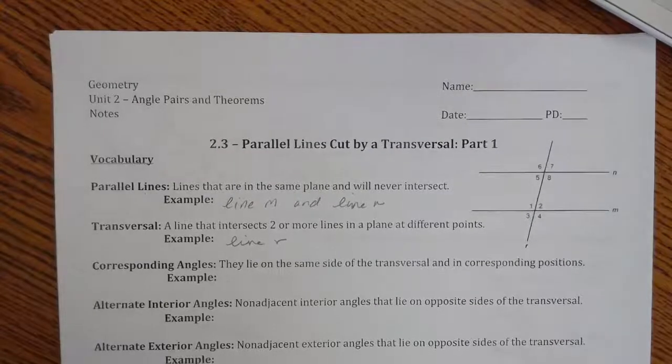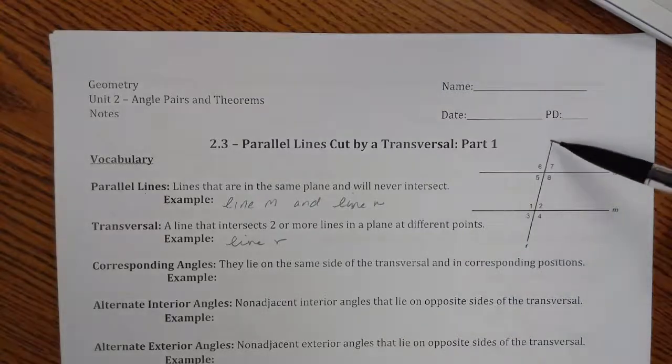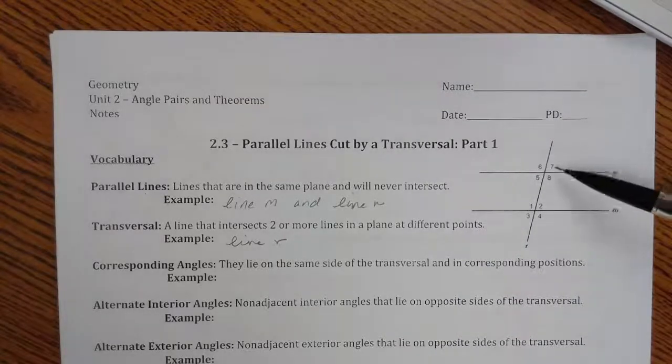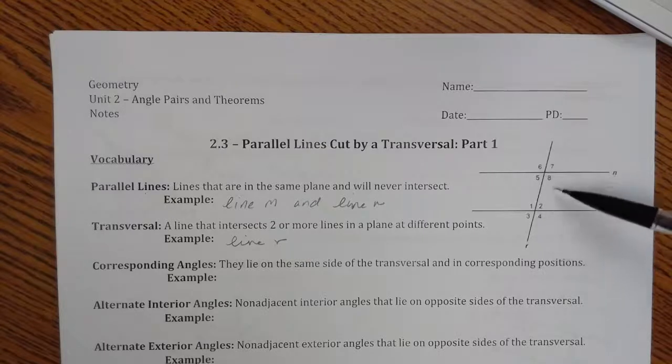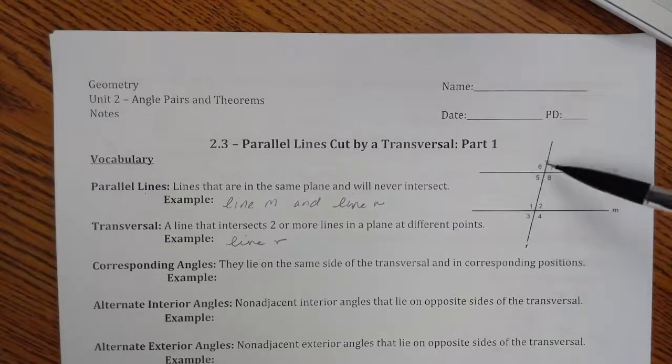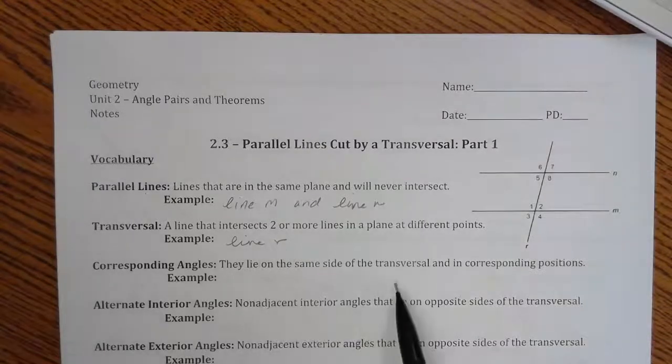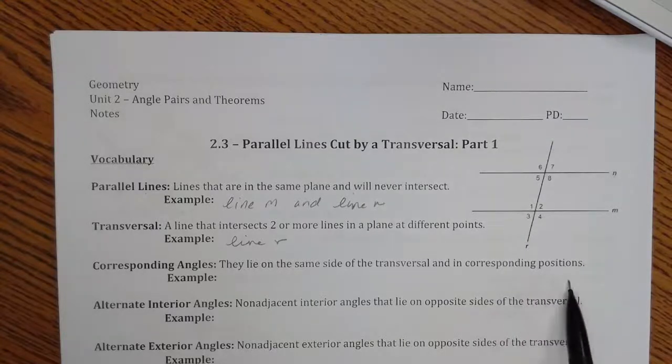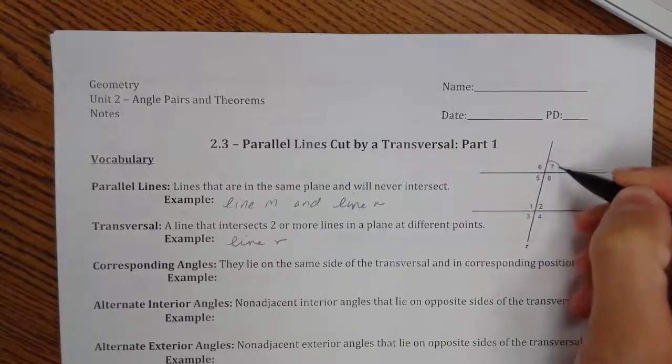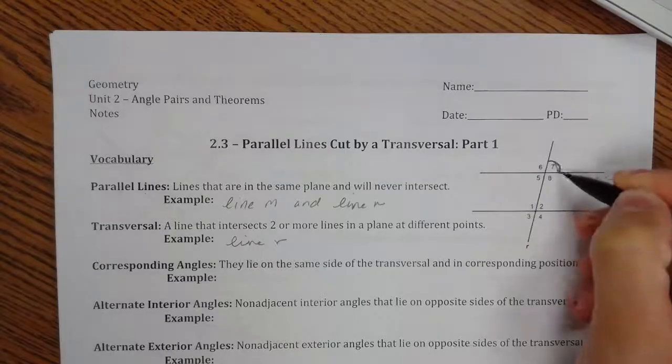And then corresponding angles are angles that lie on the same side of the transversal. So if our transversal is R, we want angles that are on the same side. So either over here on the right-hand side or over here on the left-hand side. And they're in corresponding positions. So what that means is that, say I have angle 7 here, okay?